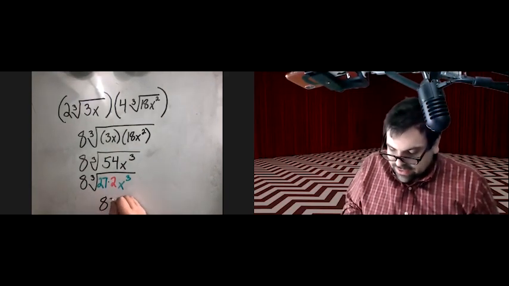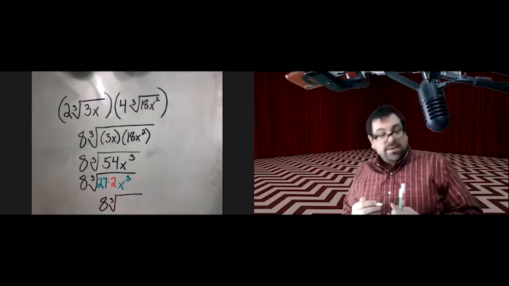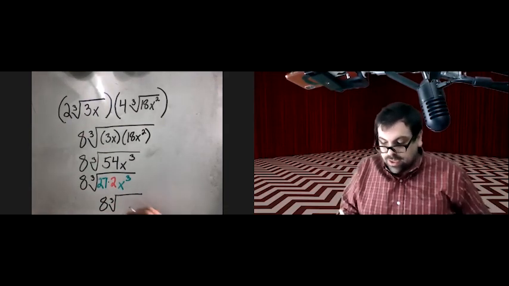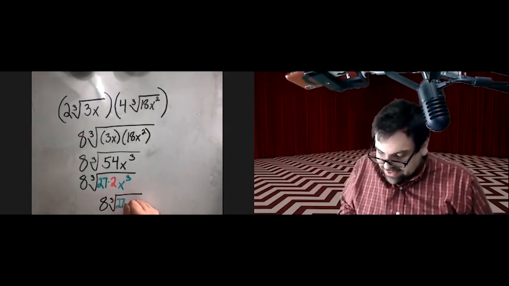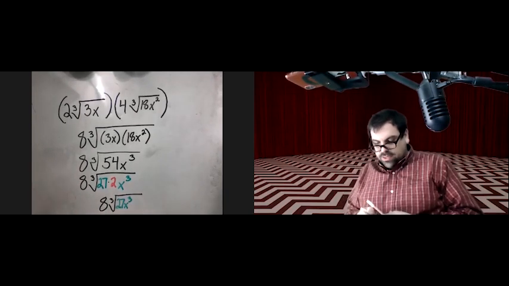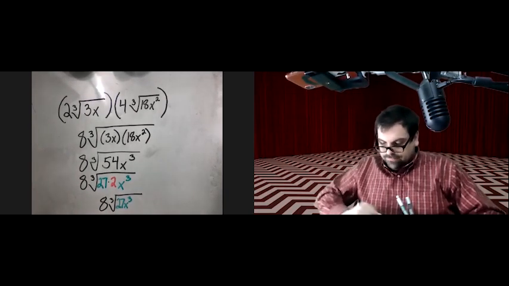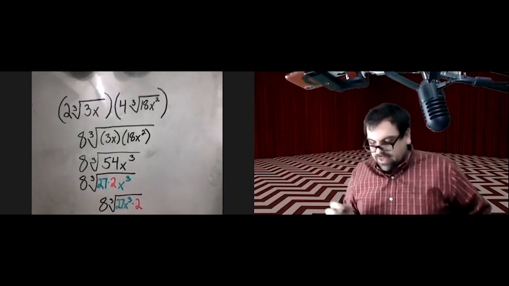So we have 8 times the cube root of 27x cubed times 2.